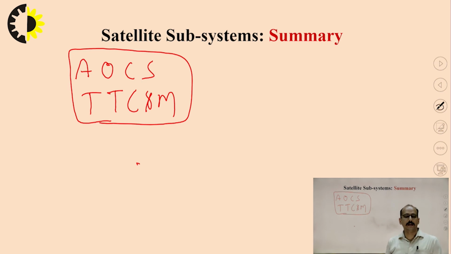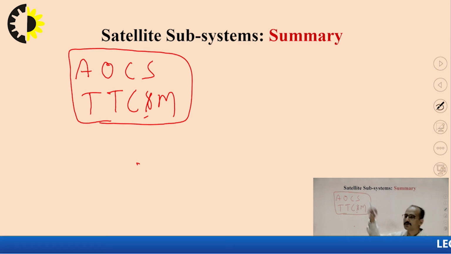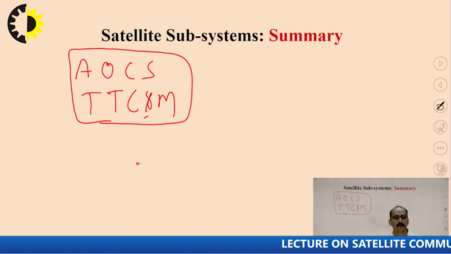AOCS basically locates the satellite in its orbit, meaning the attitude, height of the satellite and orbital parameters, as well as orbital control. So AOCS generates this information. TTCM collects the data from the AOCS and generates the command. That command is fed to the thrusters and jets, so that the thrusters turn on and maintain the satellite location in its orbit. So these are the two main points.